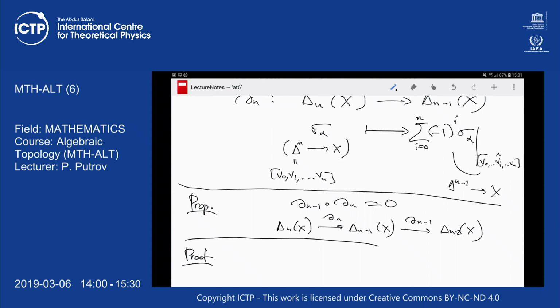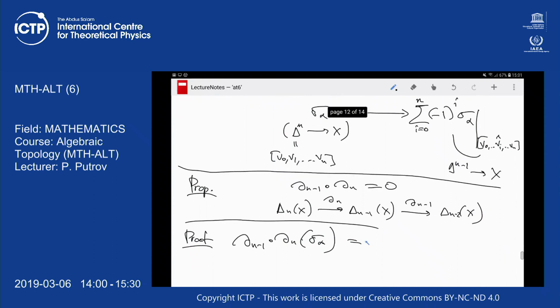So how do we prove this? Since it's enough to show this property on an arbitrary generator, which is some map sigma alpha, first we apply the first boundary homomorphism, just using its definition.